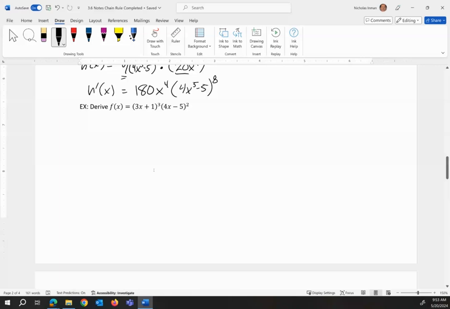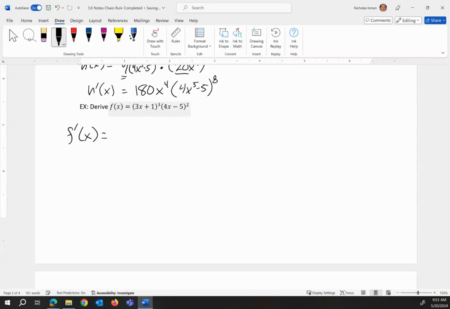Now, where this can just get tough is we can now start to include our chain rule with products or with quotients. Okay, so for this example here, I'm doing the derivative of f of x, that is this product. Okay, so we have to do the product rule.